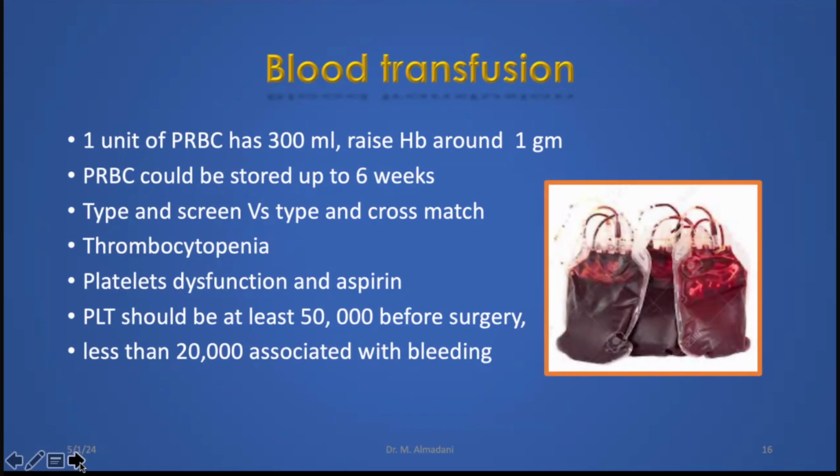Now, what is the difference between type and screen versus type and cross-match? What is the type and screen? So I need to go fast. Type means the type of the blood group. Is it A, B, AB, or O, with RH, O negative, O positive, or whatever is the situation.